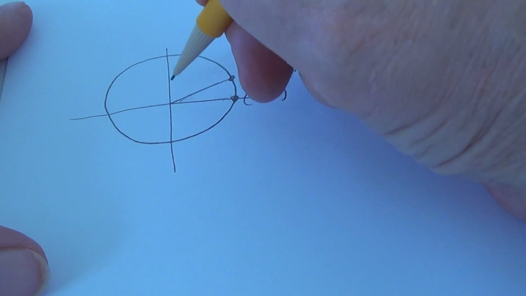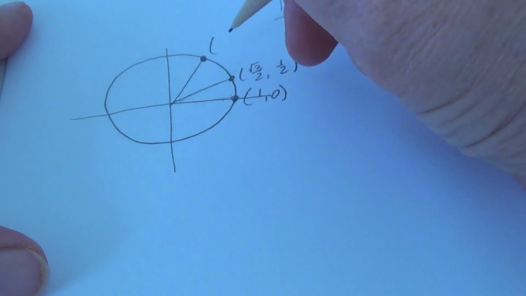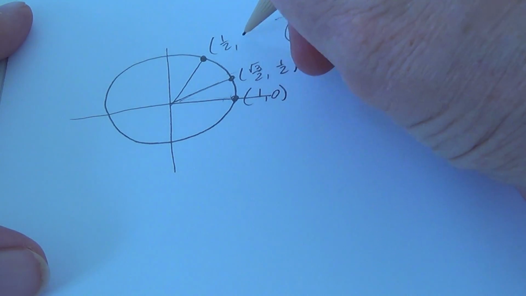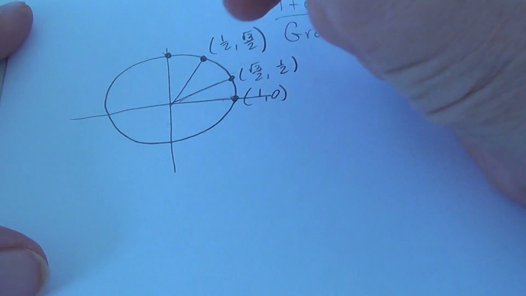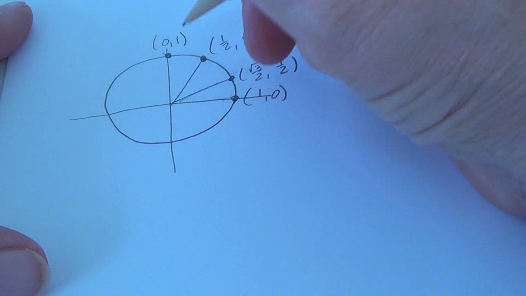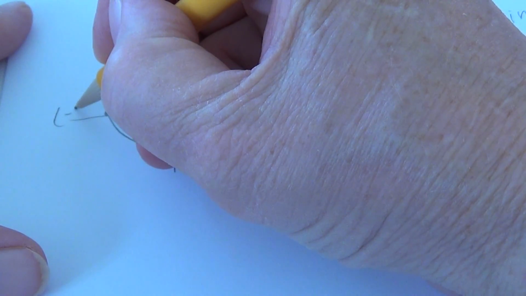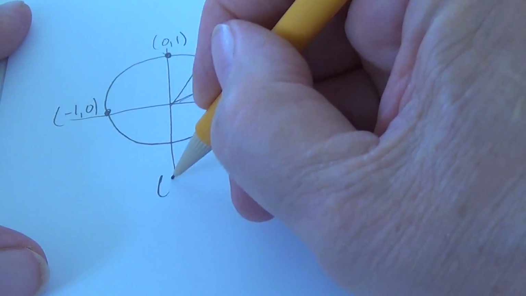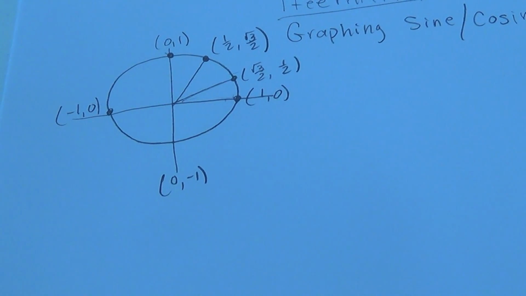I'll skip the quarter and go up to pi over 3. So that is 1/2, square root of 3 over 2. And then this one is (0, 1). I'll skip to the quadrantals. This is (-1, 0). And this is (0, -1). Alright, we're used to that.